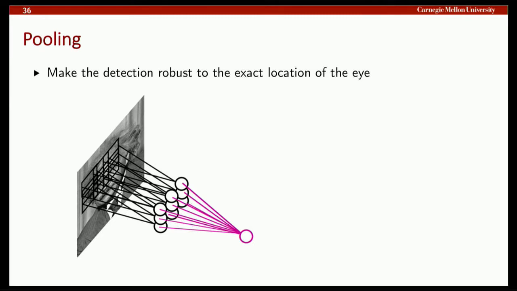If I take the maximum, it basically means if I have this image of Einstein moved to the right by 3 pixels, the output of this unit will not change. The response might change from this point to this point, but the output will not change because if I'm doing max pooling, it's not going to matter where precisely the location of the eyes or the nose is. So that's another important idea behind convolutional networks.